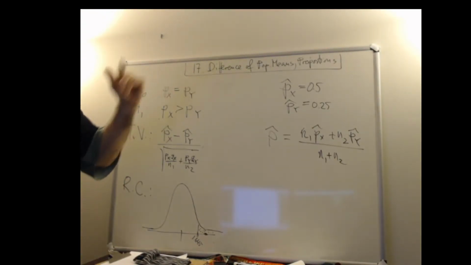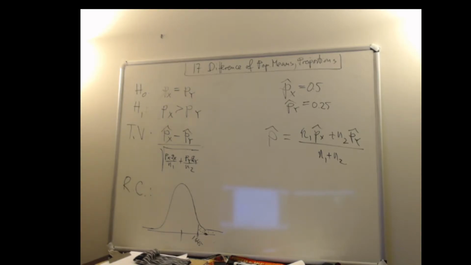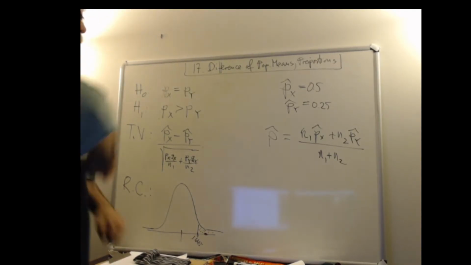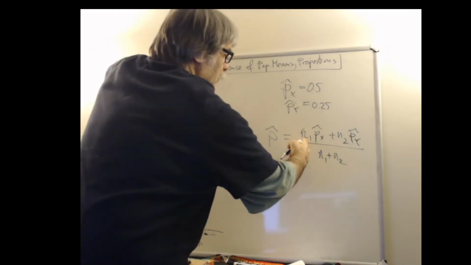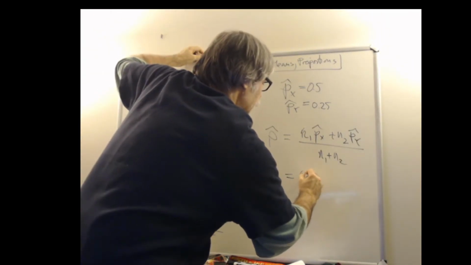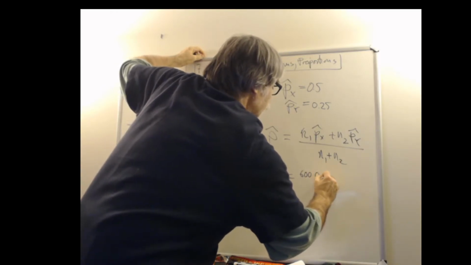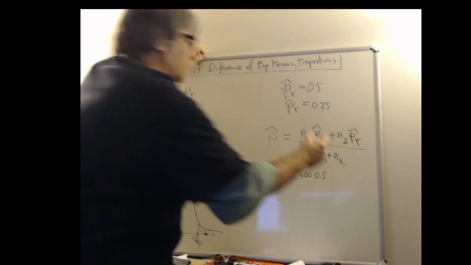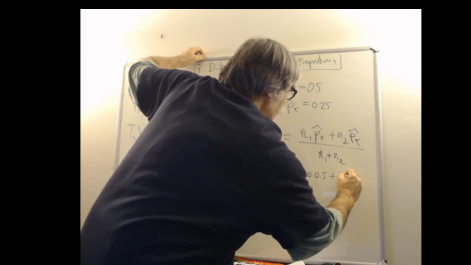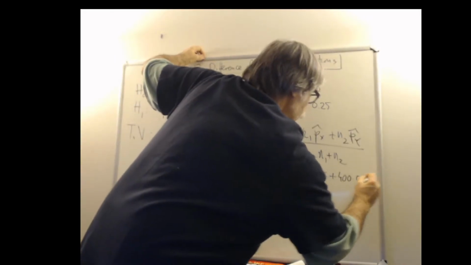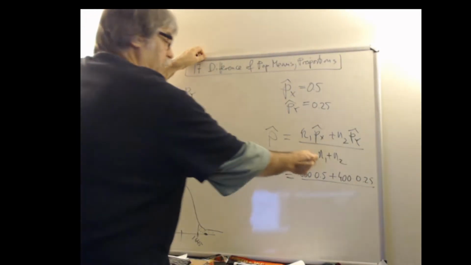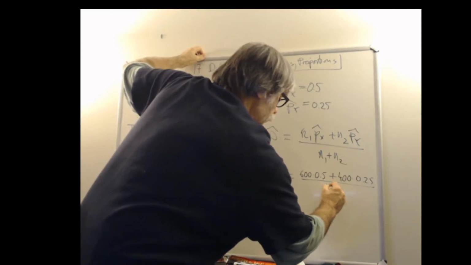This is stuff you might have been doing in probability 103. I'm not entirely confident that you have done that, but that's how I'm going to get this. So in my story here, this is going to be 600 times 0.5, which is 300, right? Plus 400 times 0.25, divided by 600 plus 400.